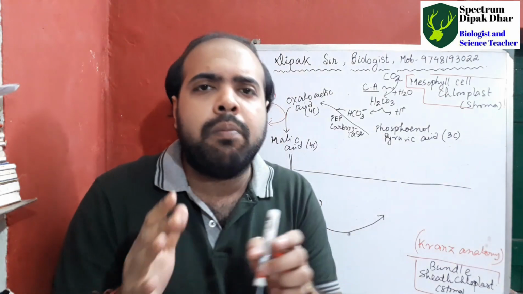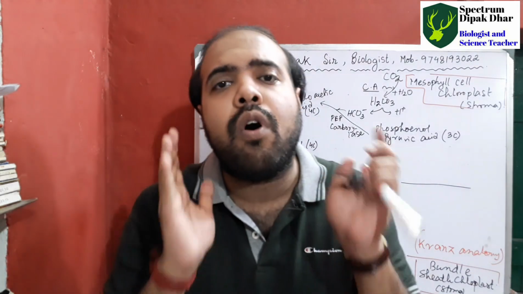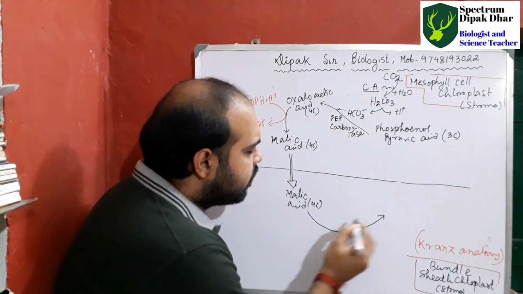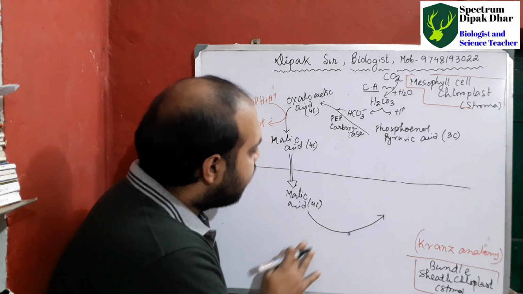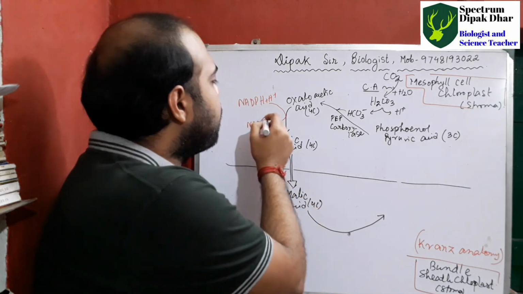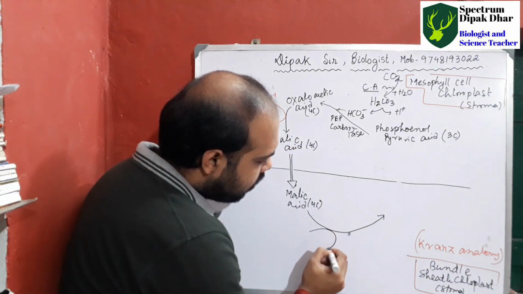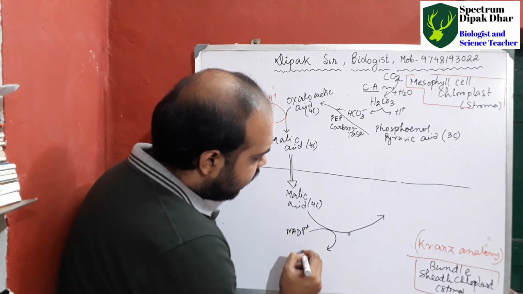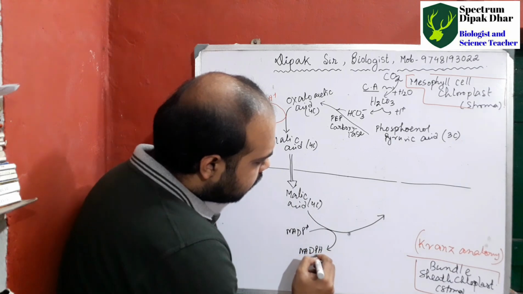So first of all, we will see the processes of oxidation. Now malic acid will be oxidized with the help of, again, NADP. The NADP plus which is formed here will again be reduced to NADPH plus H plus.